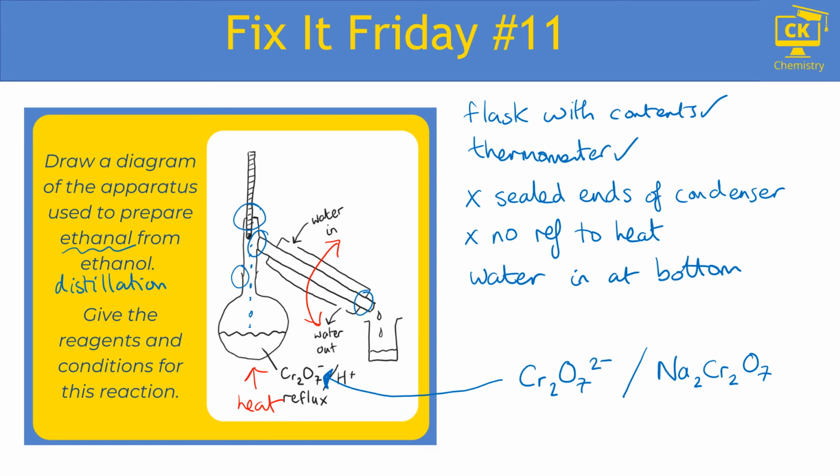Watch out for a question that asks you to name the reagent or give the reagents, in which case we should also try to avoid simply writing ions, but we should give full names like sodium dichromate.